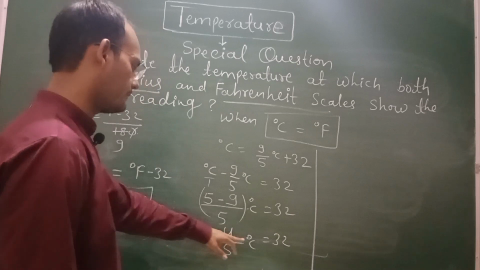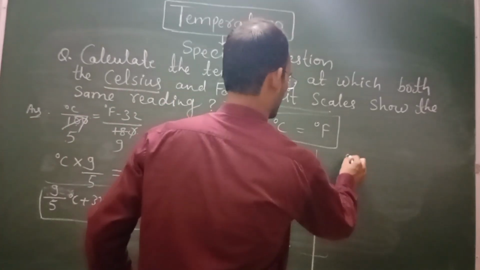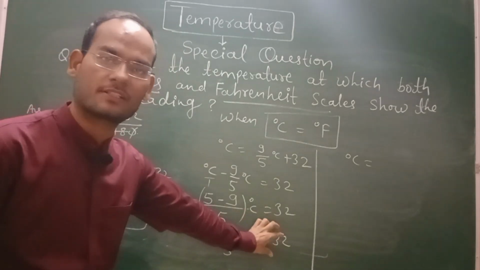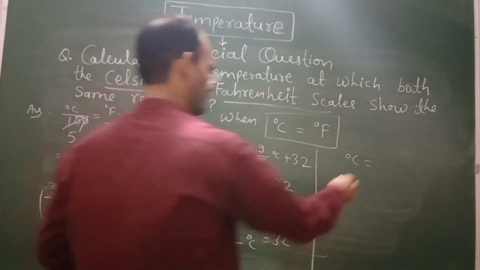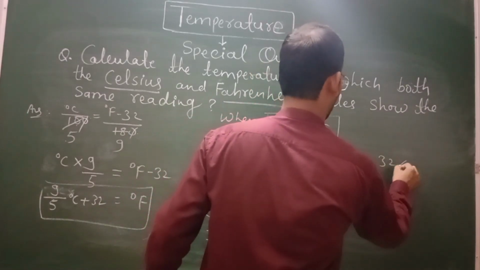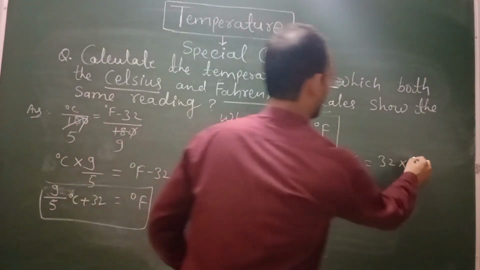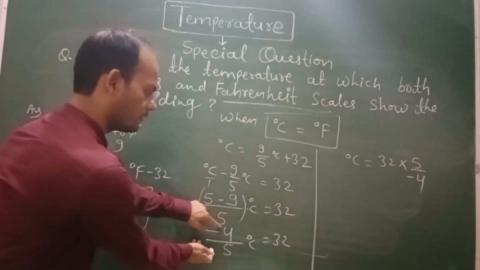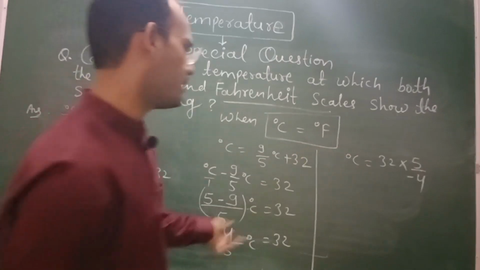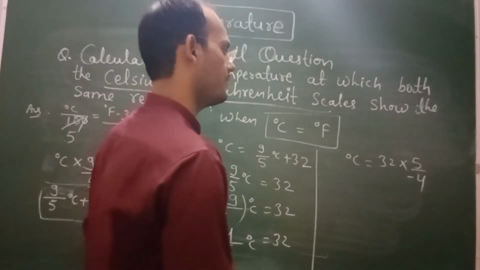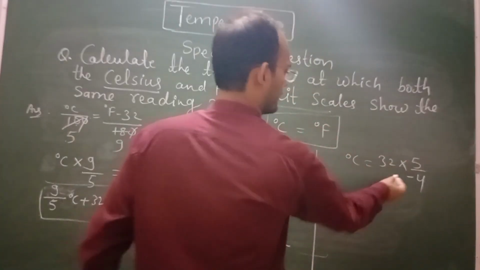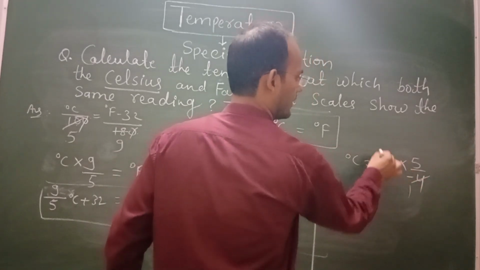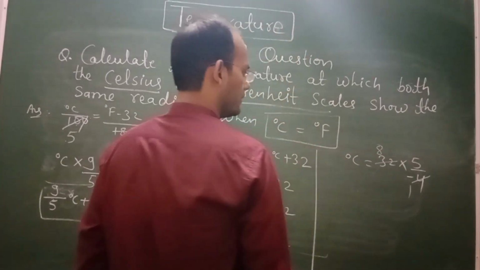Okay, now degree Celsius: when this value goes to the other side, it reverses. 32 multiply 5, reversed; when we bring this value to the other side, the divide value, the reciprocal, comes. Okay, cut out this: 4 1s are 4 and 4 8s are 32.